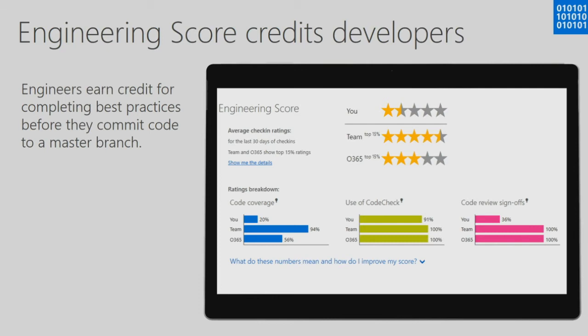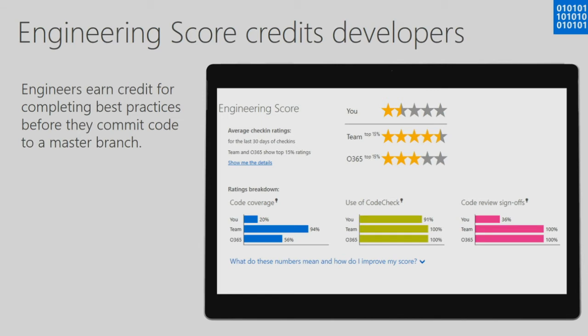And this is the most interesting part. As I said, change management is a culture, and sometimes you can strengthen that culture in the team by making it count where it hits. So we have an engineering score. The engineering score tells a developer how well he followed engineering best practices. Did he get code review done? What is the unit test coverage of the code that he has written?